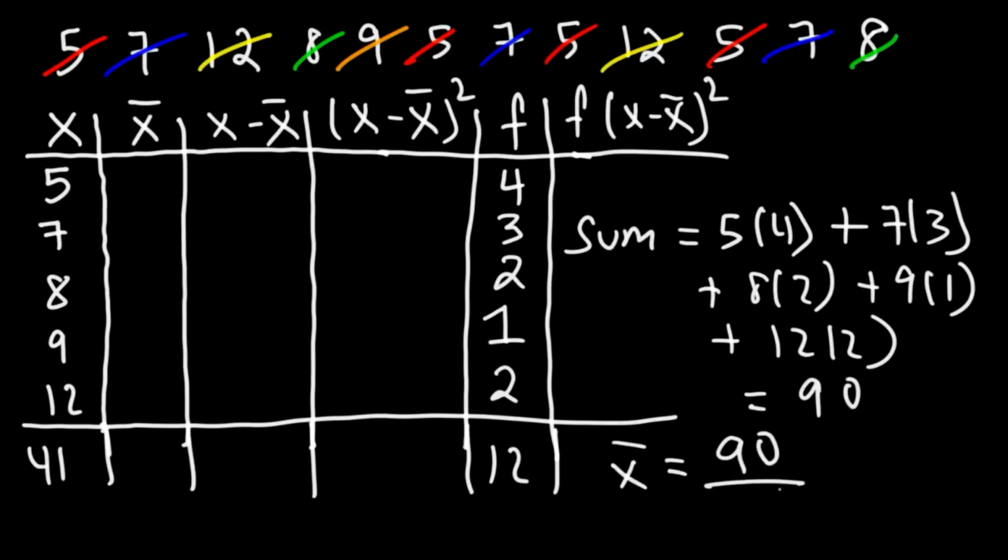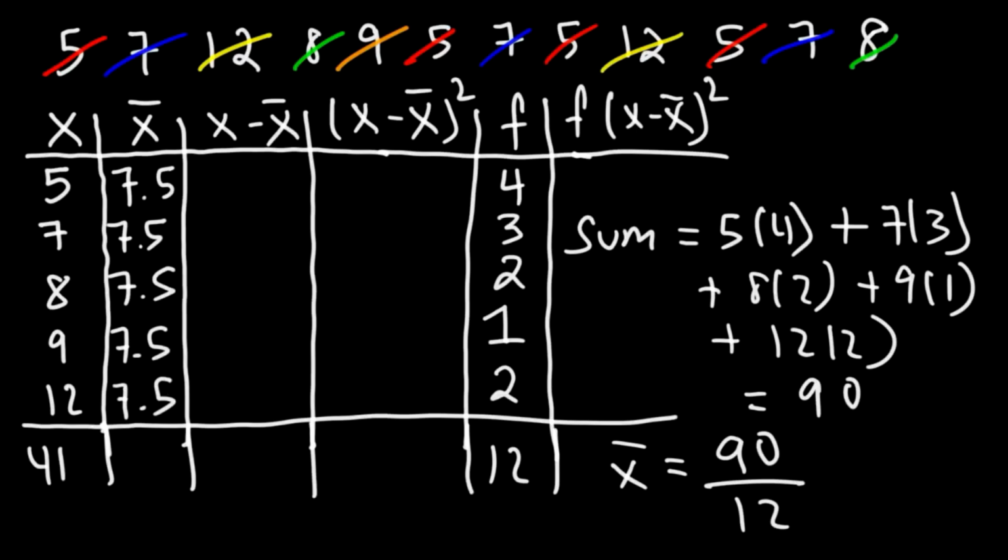The second thing is to calculate our mean by dividing by our total frequency, which is 12. So 90 divided by 12 gives us 7.5. I'm going to write 7.5 under the mean column.